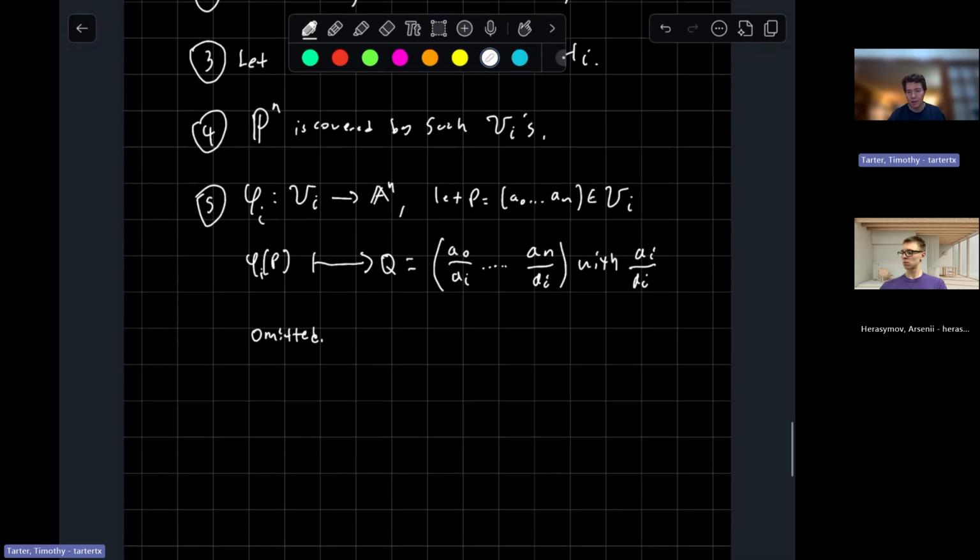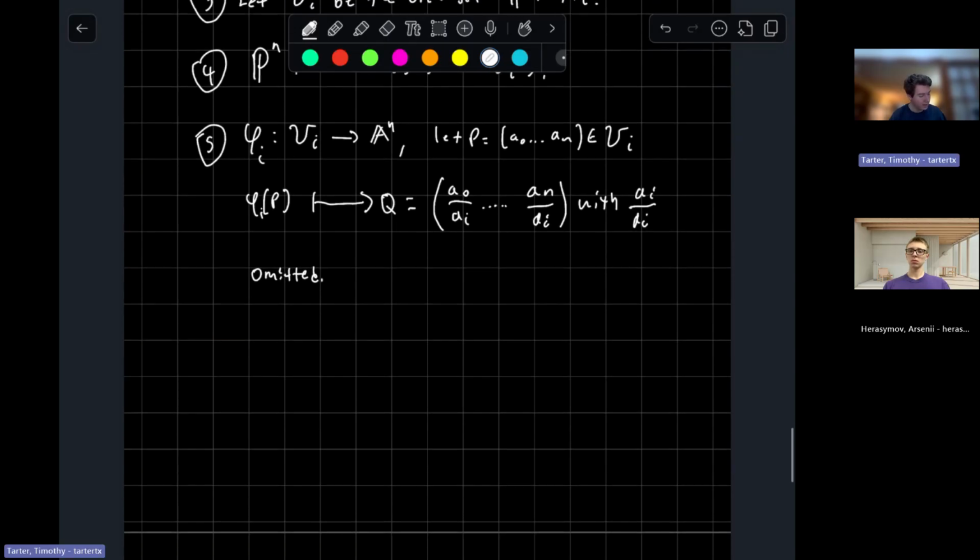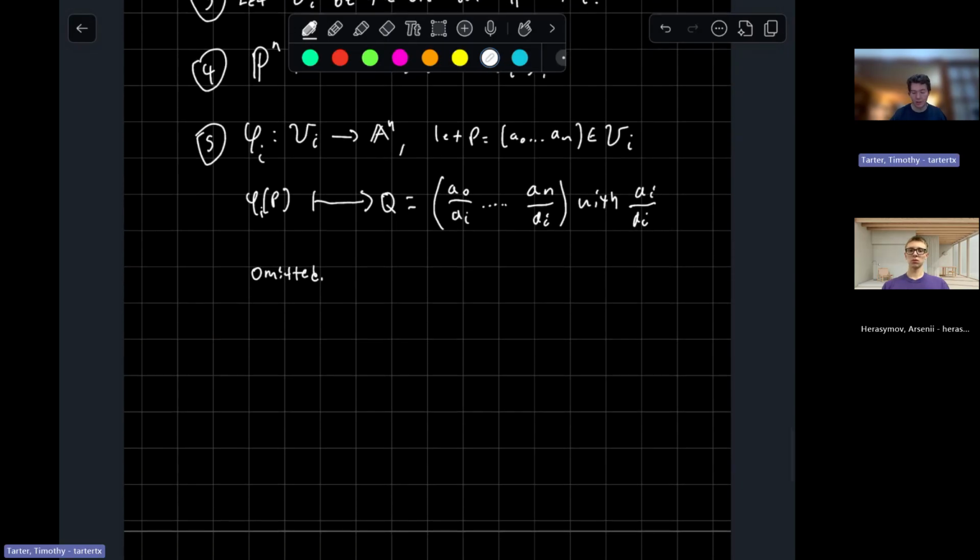And okay, thinking about A^n and P^n, right? Well, what is P^n? P^n has dimension n plus 1. A^n has dimension n. So this is a really important morphism that we're talking about here, because what we're doing is we're removing a dimension to project this back into affine space. And then this is a homeomorphism, which is like the topological version of an isomorphism, right?